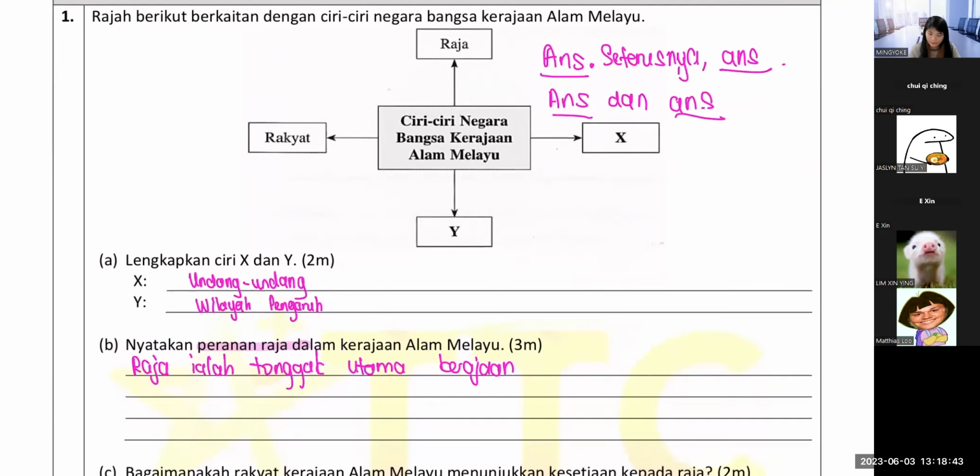Example, this one here, Raja ialah tonggak utama kerajaan. Okay, then you can put selain itu, Raja memperoleh ketaatan daripada rakyat.